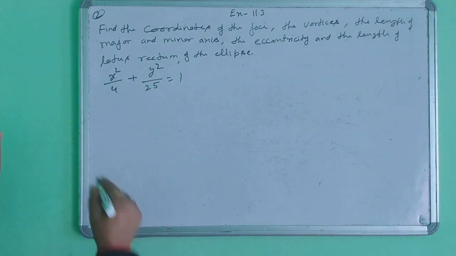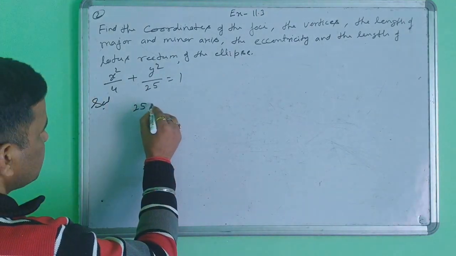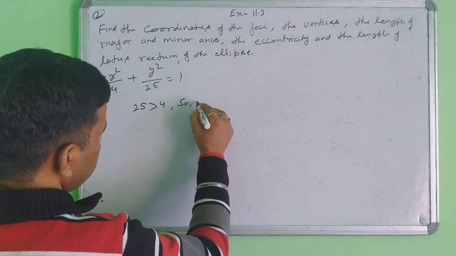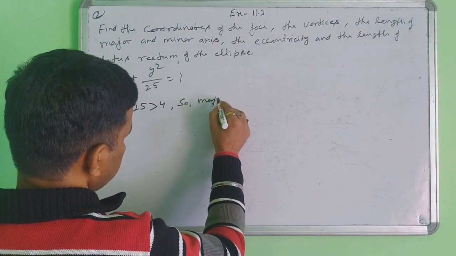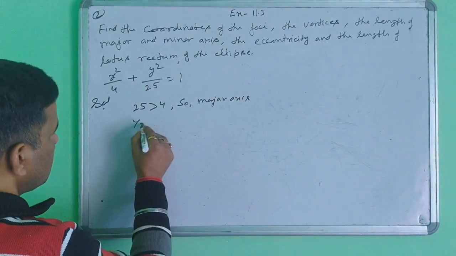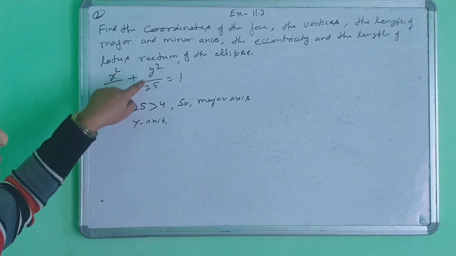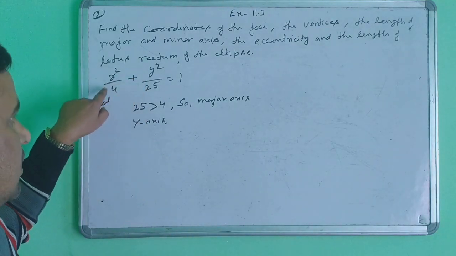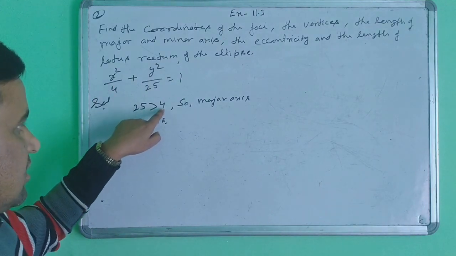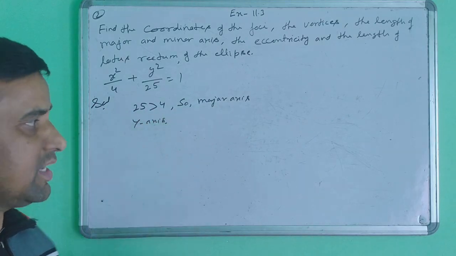Now you will check: 25 is greater than 4, so you can say the major axis is the y axis, because the intercept on the y axis is greater than the intercept on the x axis.